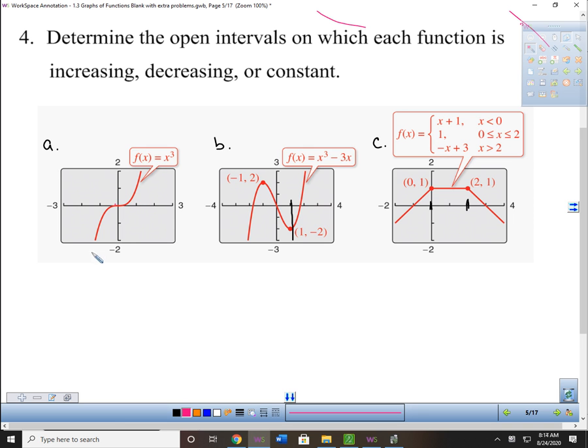So actually, I am increasing and increasing. This is not constant because it's actually just crossing and going up. So this would be increasing from negative infinity all the way to positive infinity.